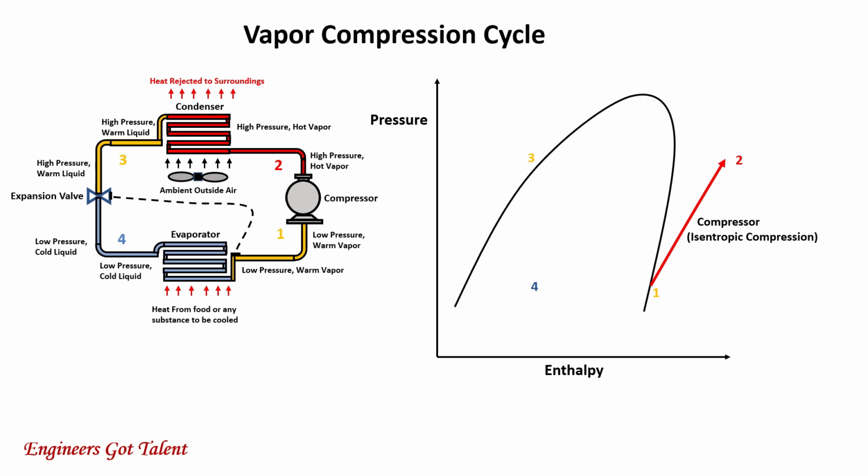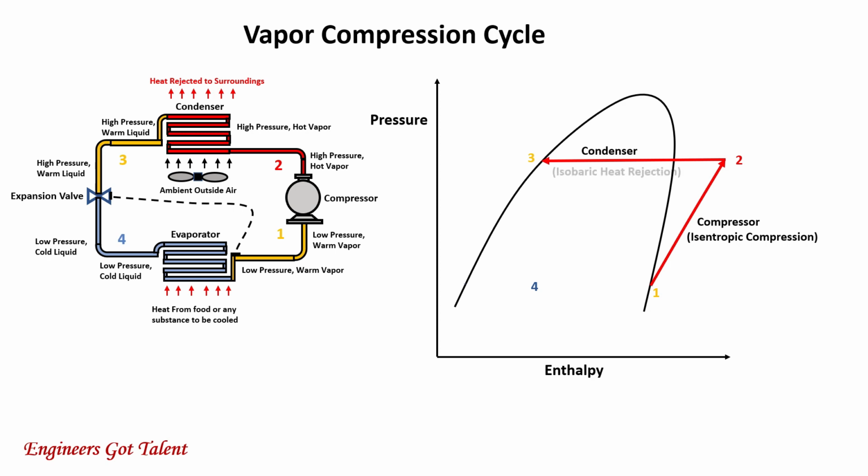At point 2 after compression, the refrigerant exits the compressor at superheated vapor conditions, meaning it is a few degrees above saturated vapor at high pressure. As the hot refrigerant enters the condenser, ambient air is blown to the condenser coils and the hot vapor is turned into liquid at high pressure and high temperature.